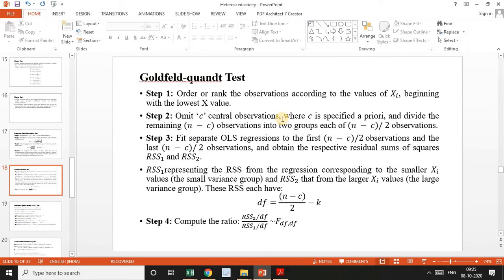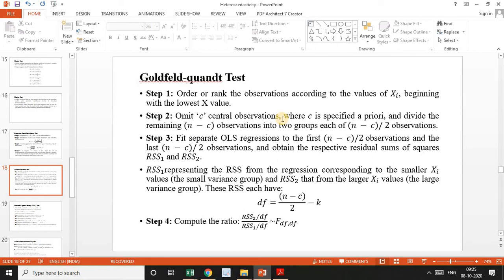Then you compute the F ratio. It is nothing but RSS2 divided by its degrees of freedom over RSS1 divided by its degrees of freedom, and this follows an F distribution with degrees of freedom for the first group and for the second group. Here df is equal to (n minus c) divided by 2, minus k.